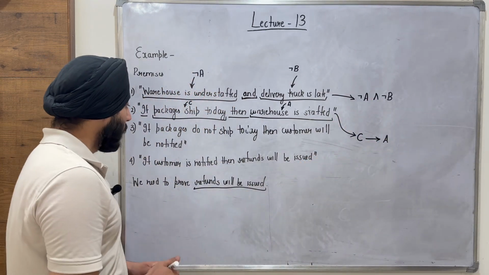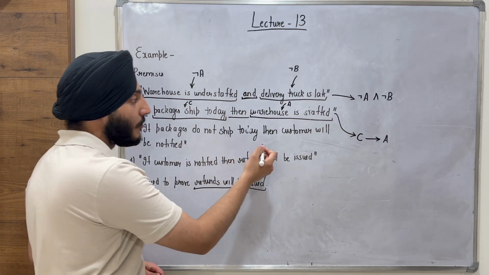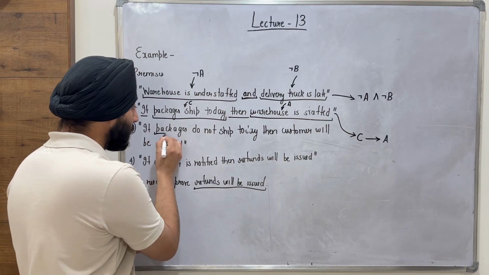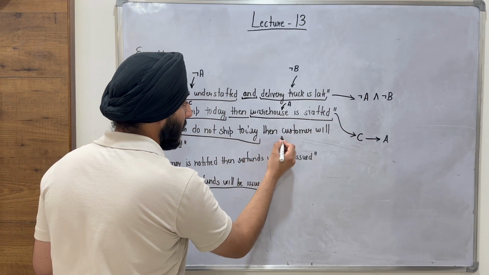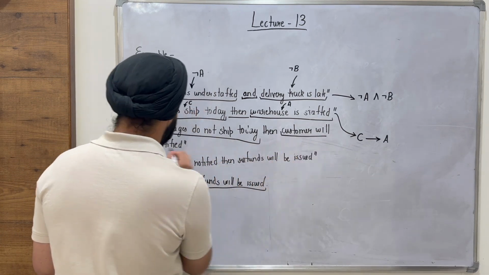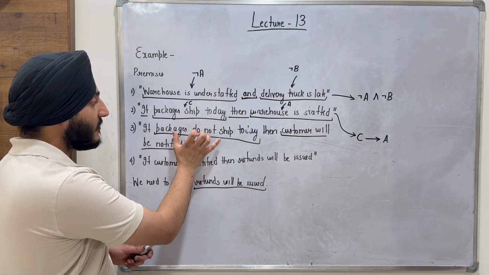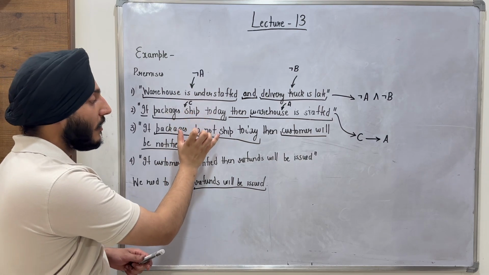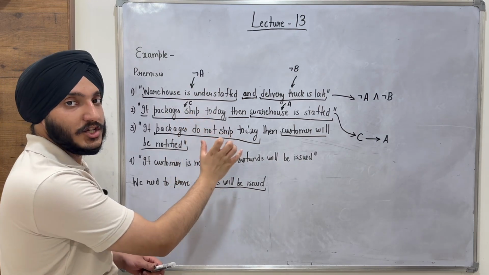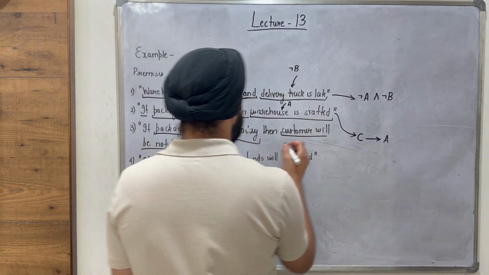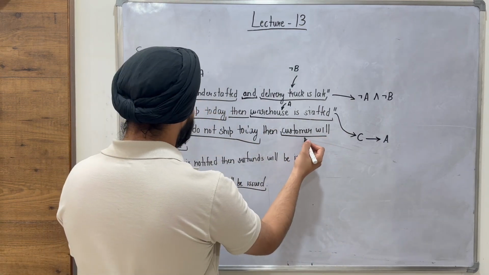Okay. Now we have if packages do not ship today, then the customer will be notified, right? Once again, there are two propositions, packages do not ship today and customer will be notified, right? How do I represent it? I already have a representation for packages shipped today. So packages do not ship today would just be the negation of it, right? So I can represent this customer will be notified.